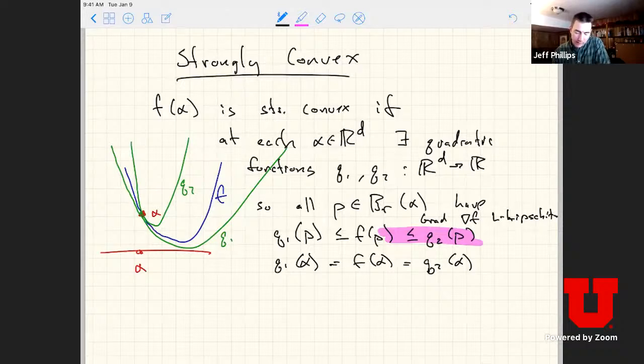And the other side, that Q1 is lower bounding, corresponds with when I wrote out this expanded form.